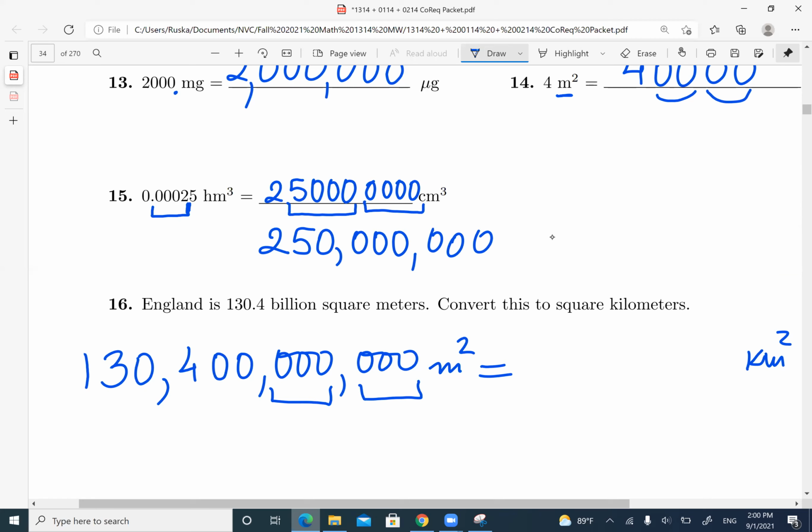So the decimal is going to be right in here, right? So I'm going to get 130,400 square kilometers. Everybody understand that? Because it's a square, you're going to do it 2 times. Okay? Everybody understand that?